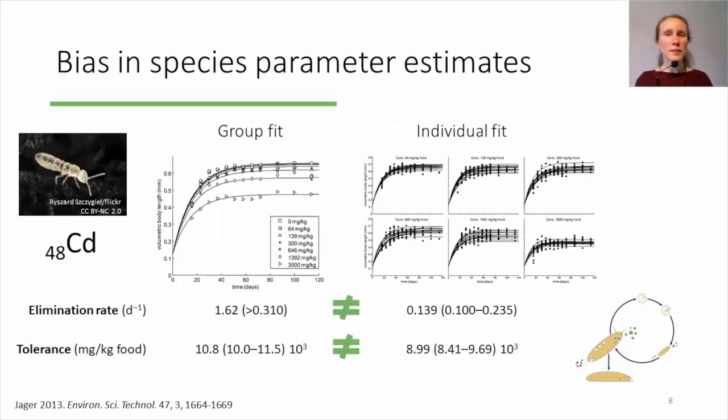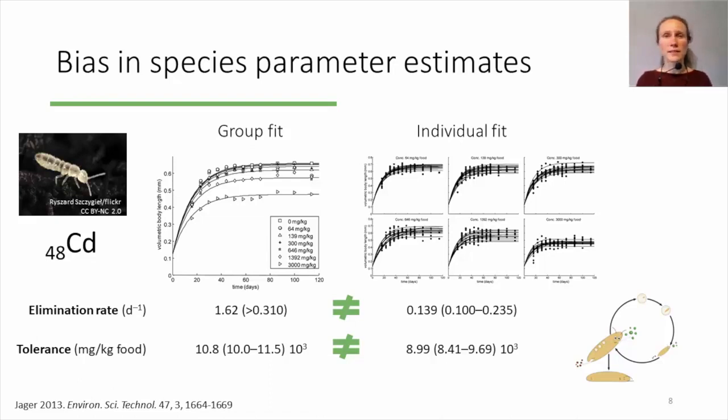And there is something a bit trickier and probably even worse in our mind. Usually when we try to estimate parameters for a species in the DEB framework, we don't have access to lots of individual data. We usually only have average data, so an average growth curve or an average time at first reproduction and so on.